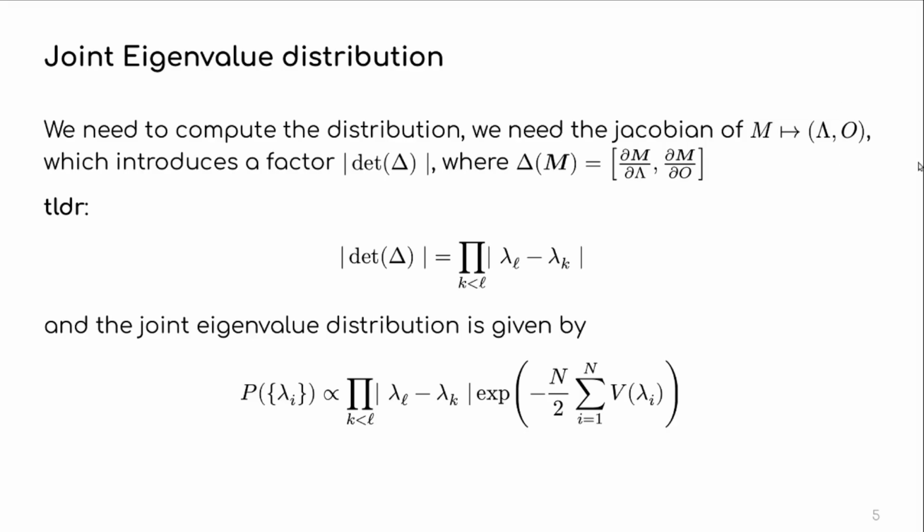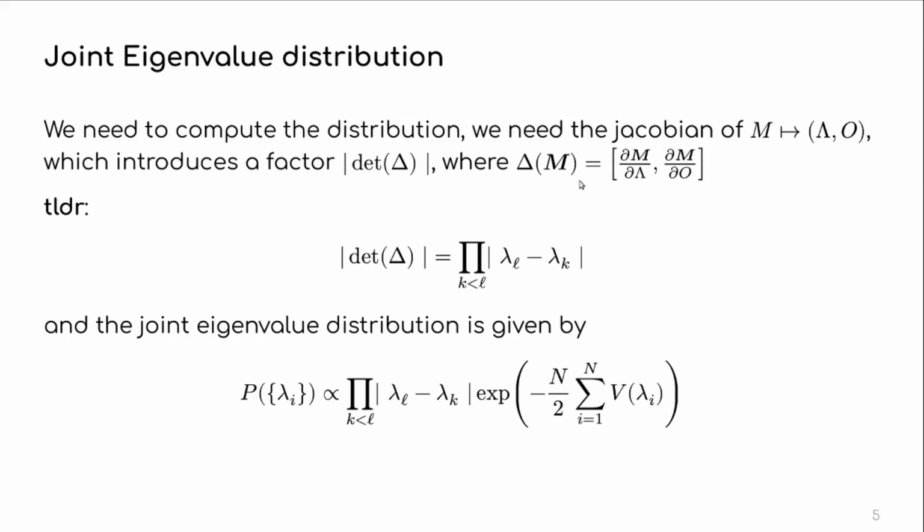In this case, we'll be going from M to lambda and O. When computing the probability for this, we basically just introduce a factor, the absolute value of the determinant of this matrix, basically the Jacobian of M relative to lambda and M relative to O. Long story short, the Jacobian of M relative to O is fairly boring. It basically does not really affect the eigenvalue distribution, as we should expect. If you just change the eigenvectors, that shouldn't matter.